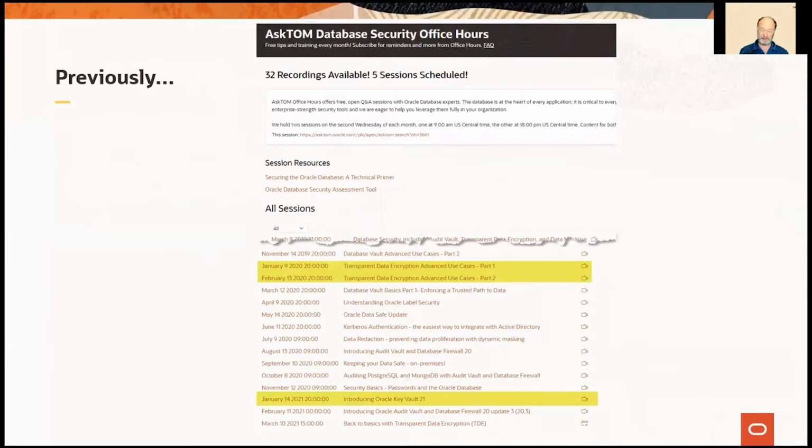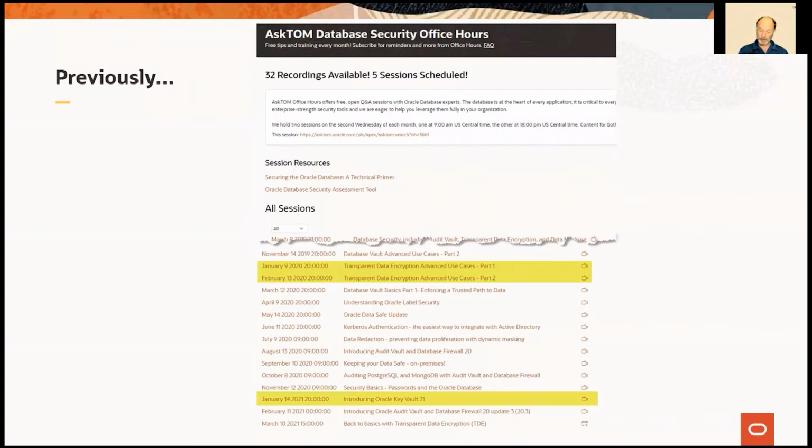Now, the reason it's back to basics is if you look at recent office hours sessions, at the start of last year we did 2 sessions on advanced use cases for transparent data encryption. These were very in-depth, with a lot of technical detail, but we didn't really cover the basics of encryption during those.